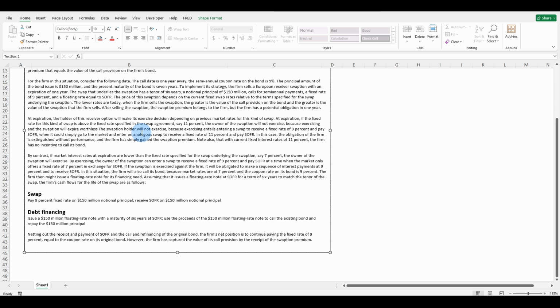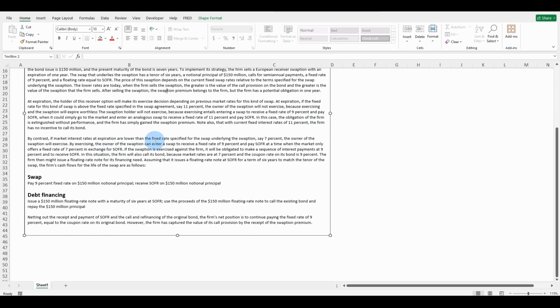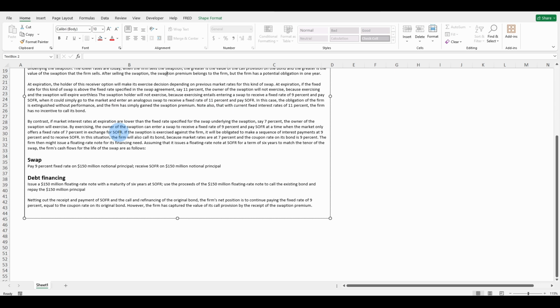The swaption holder will not exercise because exercising entails entering a swap to receive a fixed rate of 9% and pay SOFR when it could simply go to the market and enter an analogous swap to receive a fixed rate of 11% and pay SOFR. In this case, the obligation of the firm is extinguished without performance, and the firm has simply gained the swaption premium. Note also that with current fixed interest rates of 11%, the firm has no incentive to call its bond.